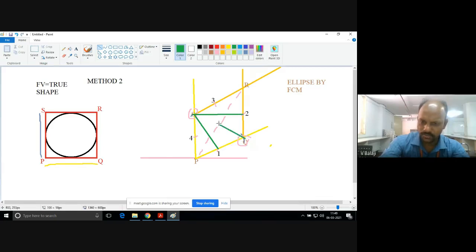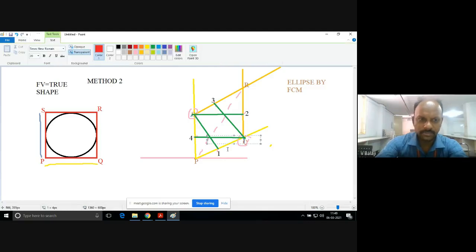Similarly, Q to 3 and Q to 4. Are you following? Yes, sir. Now take the centers. Call this center C1, and call this center C2.